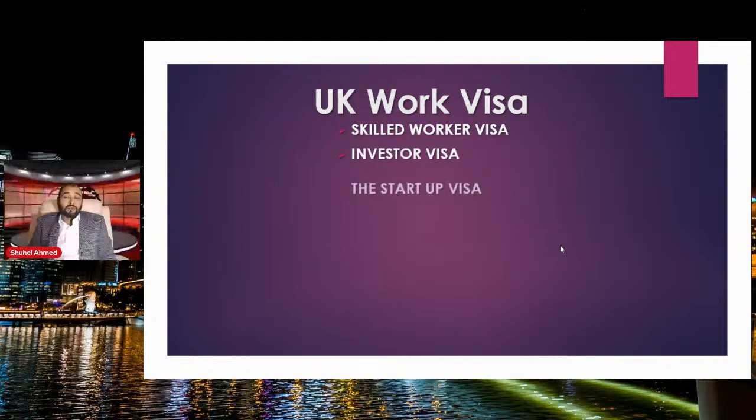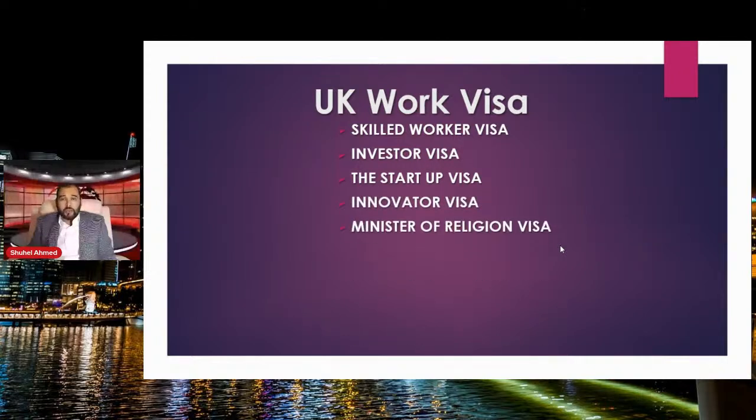If anyone wants to come to the UK, they can work and do business in the UK at the same time. So first, the skilled worker visa, which was the latest introduced from the 31st of December. If anyone comes to the UK, they need to gain 70 points. So that is what is known as the skilled worker visa.